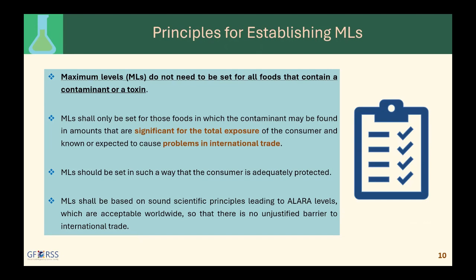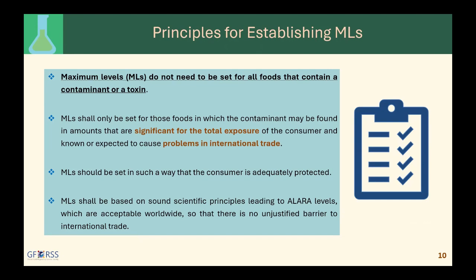So for which commodities in particular will we need to set maximum levels? The commodities that contribute the most to the exposure to this contaminant. MLs shall only be set for those foods in which the contaminant may be found in amounts that are significant for the total exposure. So now we understand.